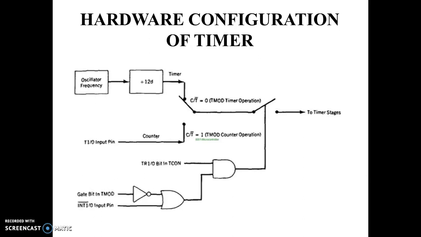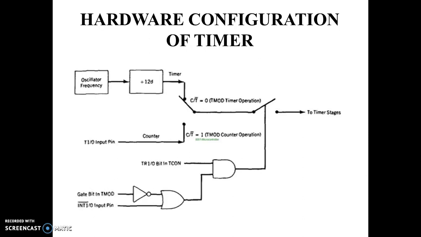If the C/T bar bit is 0, then it will work as a timer, so the timer registers get the clock signal from the oscillator frequency. If C/T bar is 1, then it will work as a counter. It gets the clock signal from T0 or T1, depending upon the timer we use.